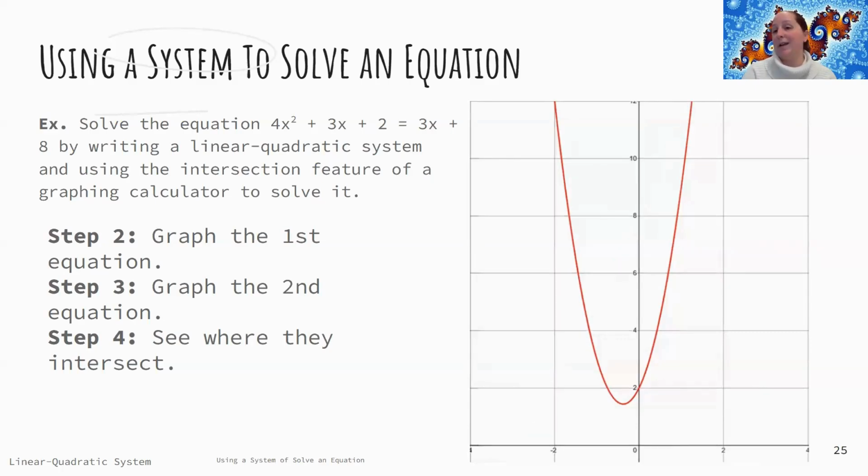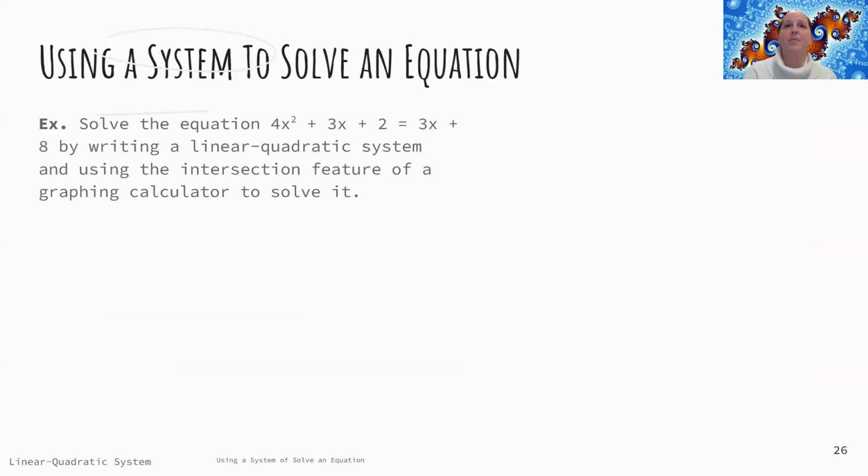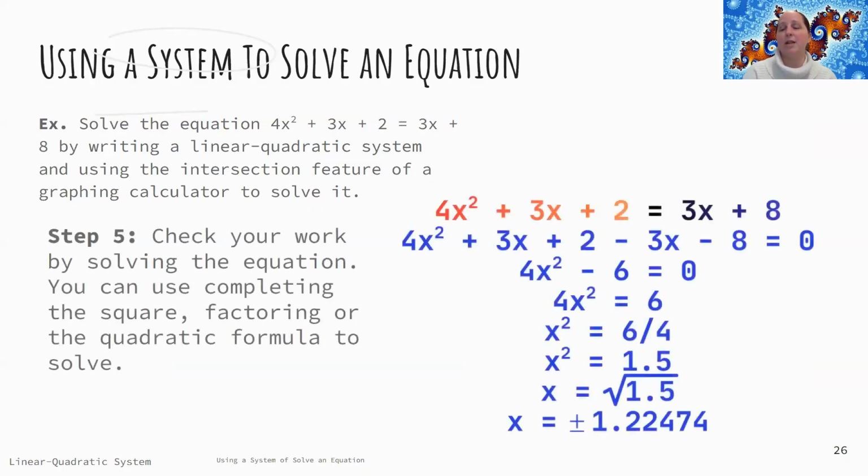Okay. The other way that you can determine whether these equations have two solutions is by setting them equal to each other, just like they were in the original equation, moving all of the terms to one side, setting it equal to 0, and you can either use completing the square, factoring, or the quadratic formula to solve if necessary.